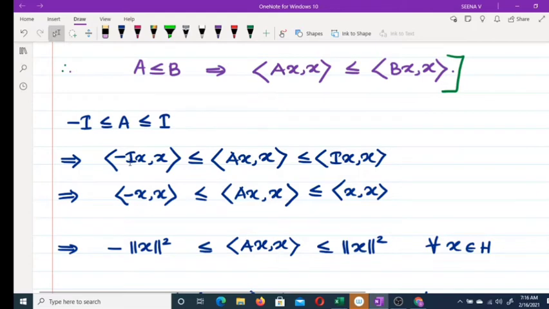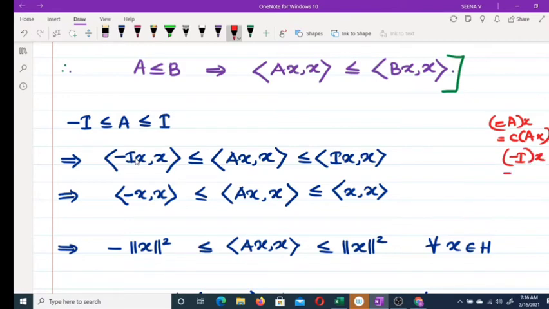But what is this one? Minus Ix is the same as minus x.